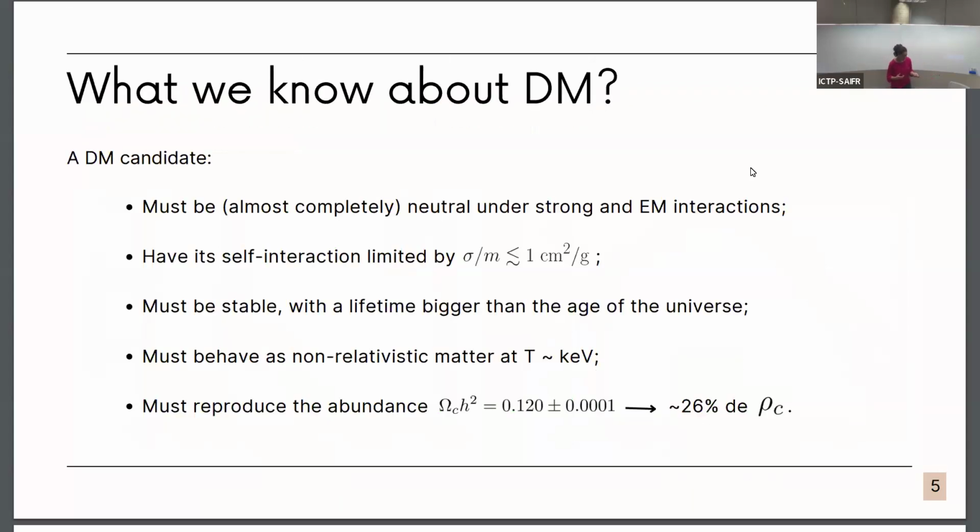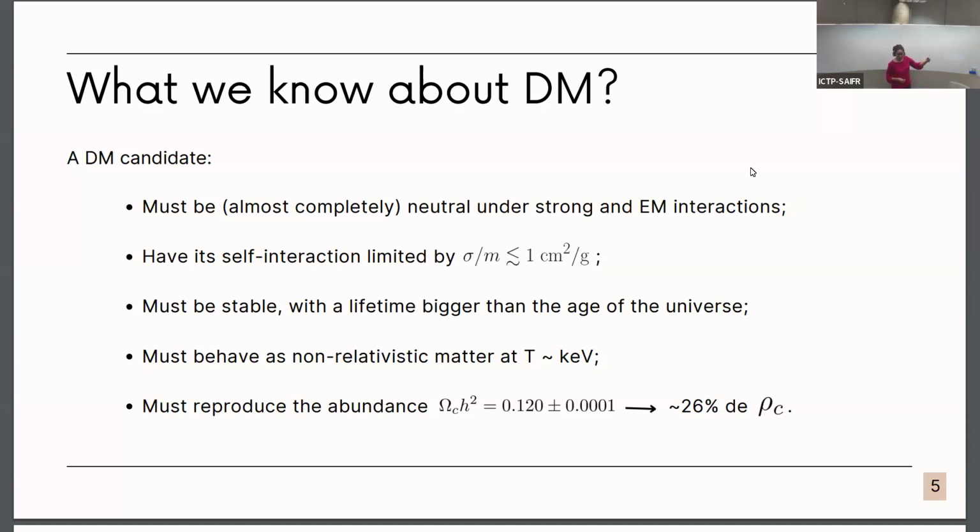So this evidence of dark matter's existence not only tells us that dark matter exists, but also gives us some hints of the properties of dark matter. So if you propose any dark matter candidate, it should obey these conditions. We know that dark matter must be neutral under strong and electromagnetic interactions.